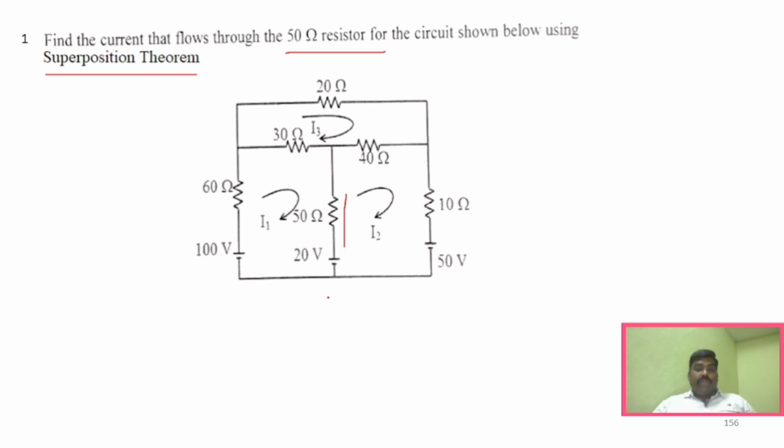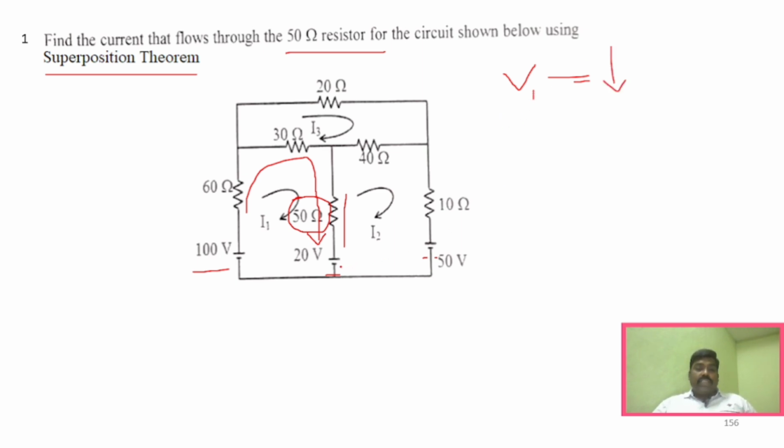So first, you can see here there are three voltage sources. It is the same steps we are going to follow, right? We need to find the current across this particular resistor. For this voltage source V1, the current will flow downwards.